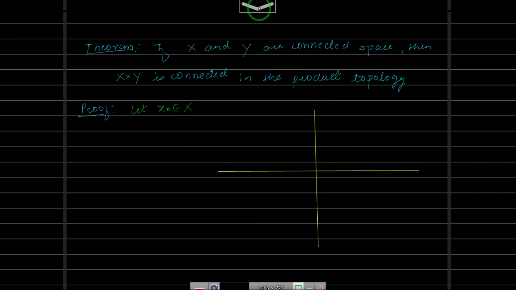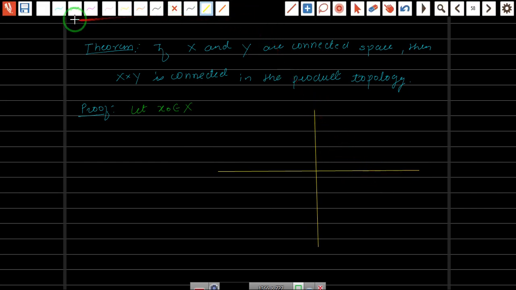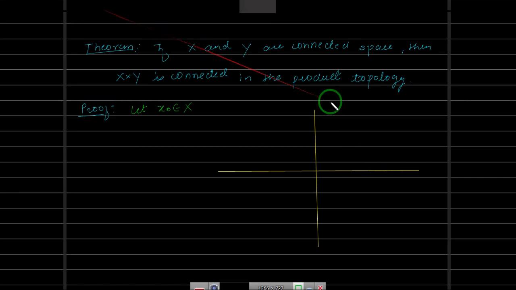This is our X space, this is Y space. Of course, for general topological spaces, this makes no sense, so let us relate this to our R2. Let us take a point over here, x0. So you have taken x0 in X.